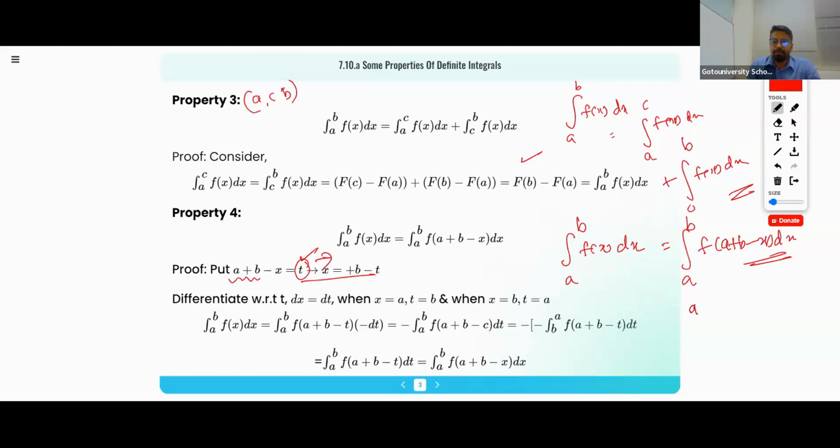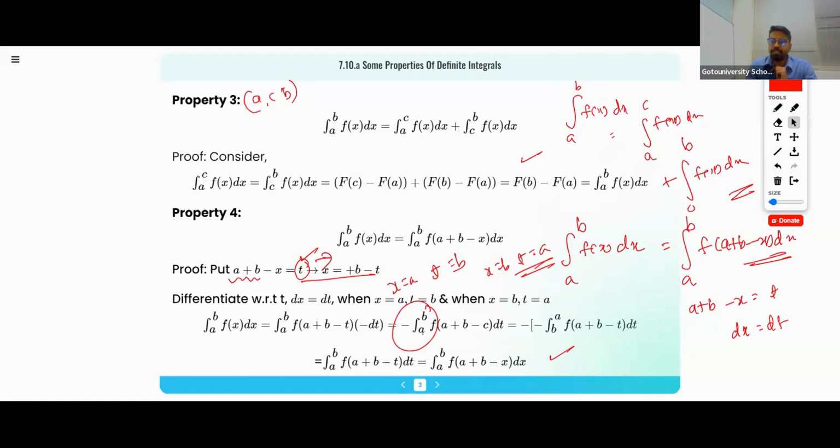So when you put a plus b minus x equal to t, when you differentiate, dx becomes minus dt. When x becomes a, t becomes b, and when x becomes b, t becomes a. So that is how this is again changed to the integral from a to b of f of t dt. Please check these statements clearly.